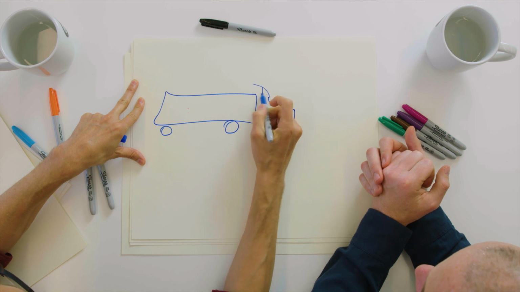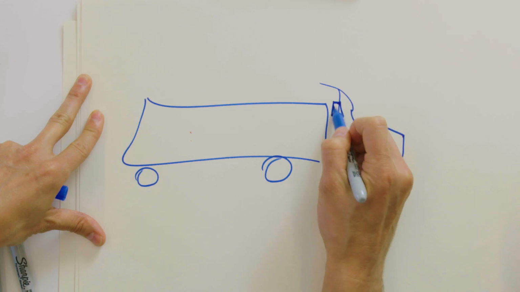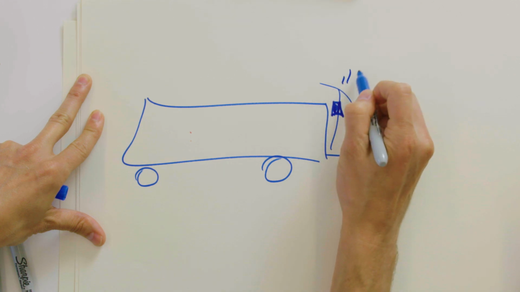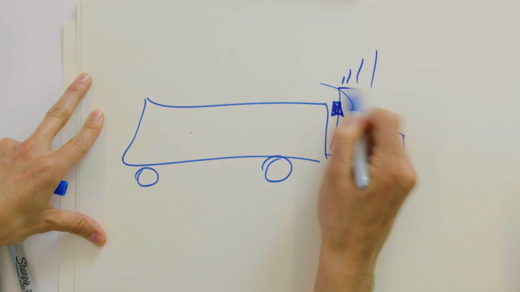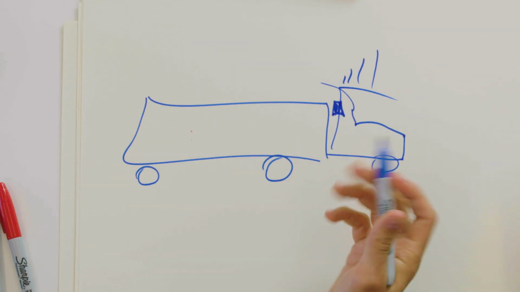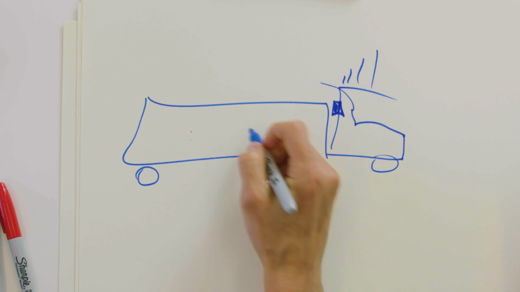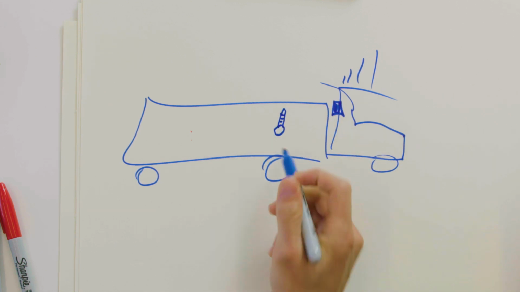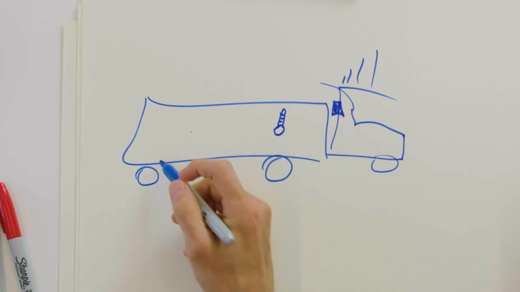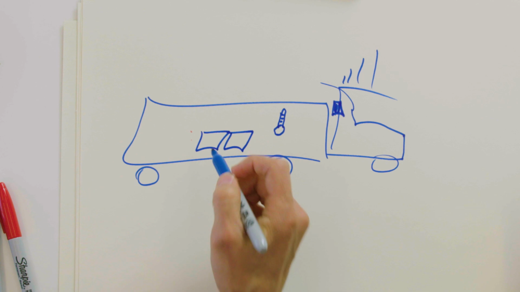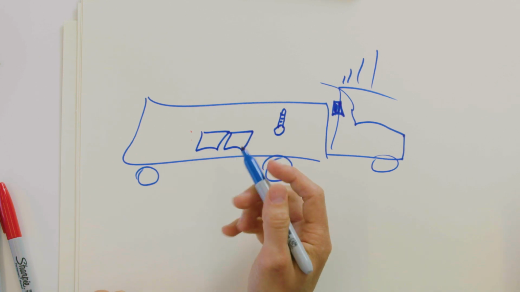But you'd put some magical box right here that's cellular, and it's sending information about maybe the fuel efficiency of the truck, maybe the temperature in here, or you might have certain pallets you're shipping that have to have certain temperatures or pressures.